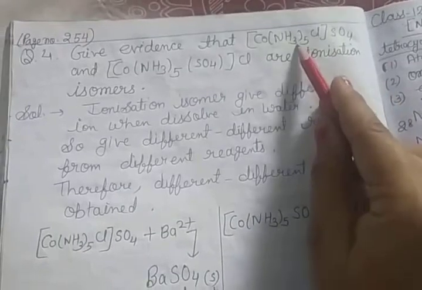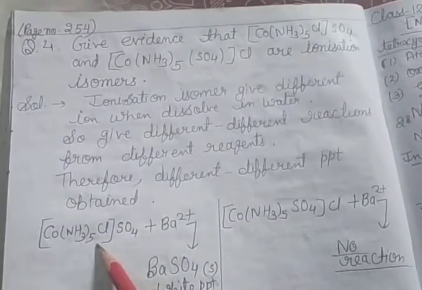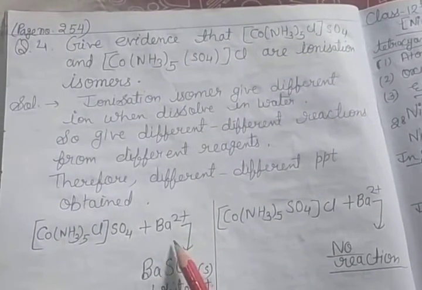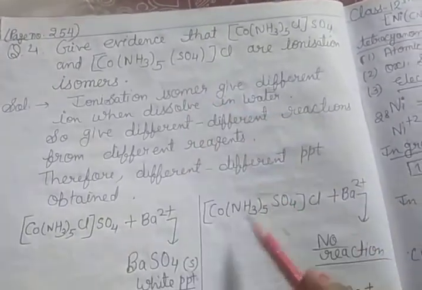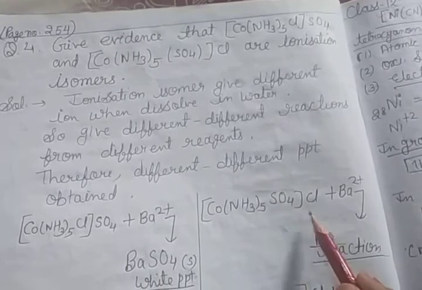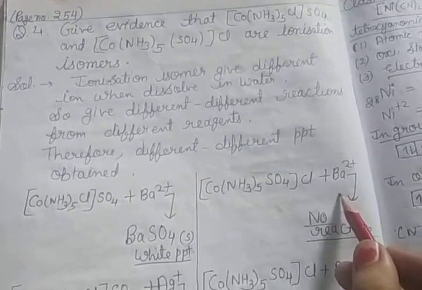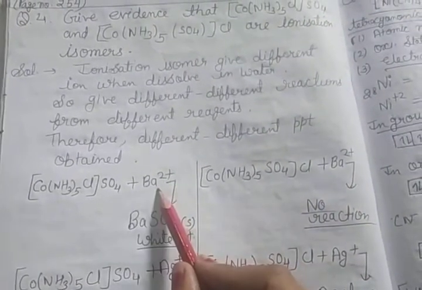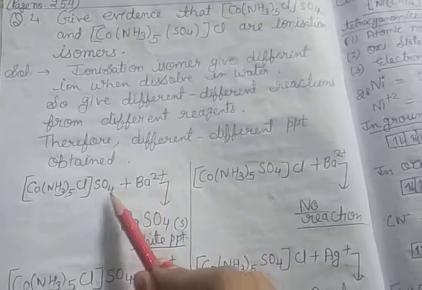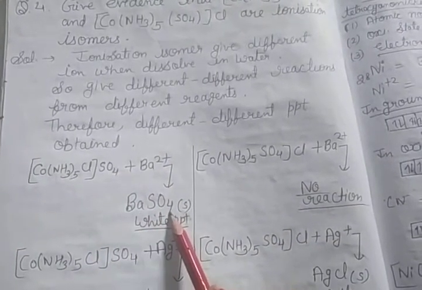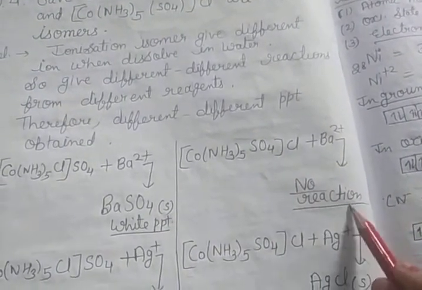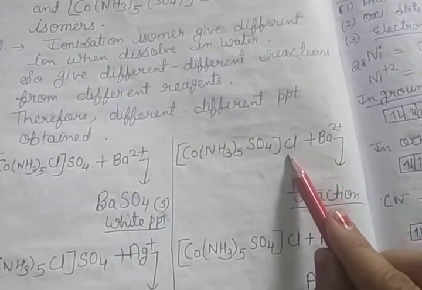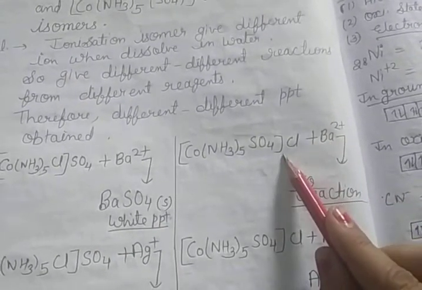First we take the complex [Cu(NH3)5Cl]SO4 and react it with barium 2+, and the other complex, [Cu(NH3)5SO4]Cl, we also react with barium 2+. Whenever barium 2+ reacts with SO4, we get BaSO4 white precipitate. But with the second complex there is no reaction, because Cl is outside and barium 2+ does not react with Cl.